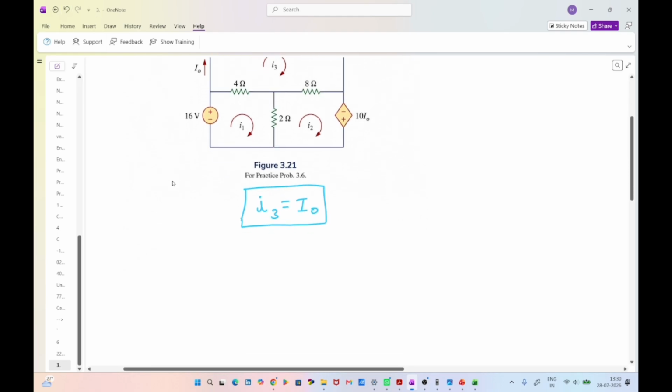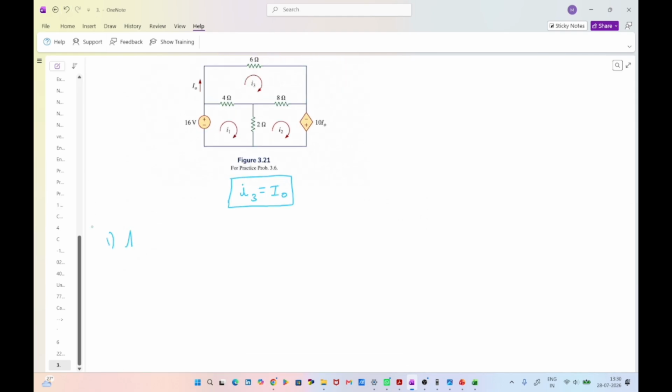Apply KVL at loop I naught. We know that Kirchhoff's voltage law states that the algebraic sum of voltages around a closed loop is equal to 0. Here it is 6 I naught plus 8 I naught minus I2.